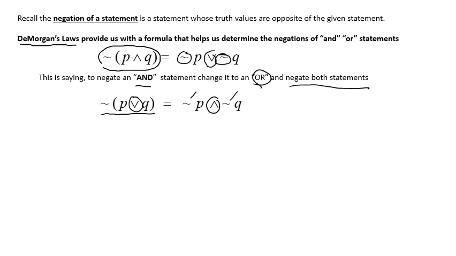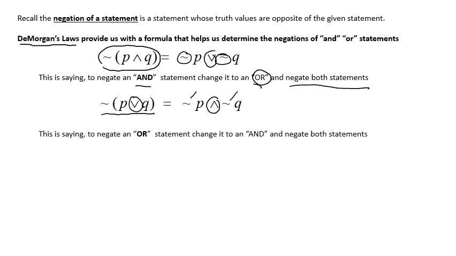But for both of them, we negate each side of the and or the or. So we negate an or by converting it to an and, and we negate both statements. Look how similar they are. And goes to or, or goes to and, negate both statements.